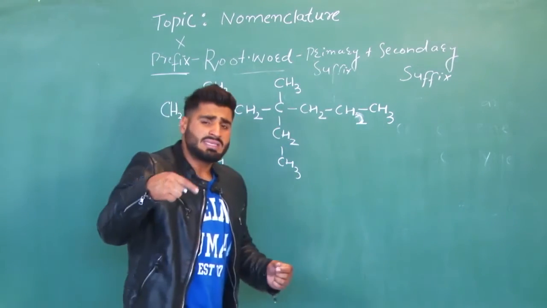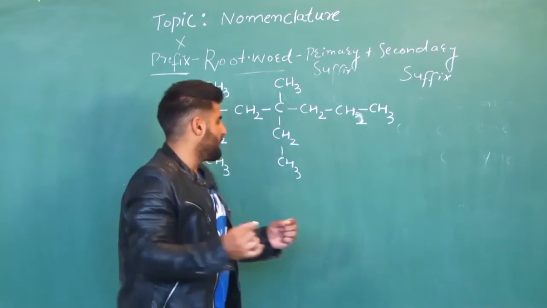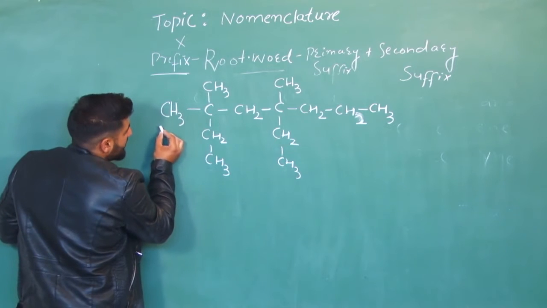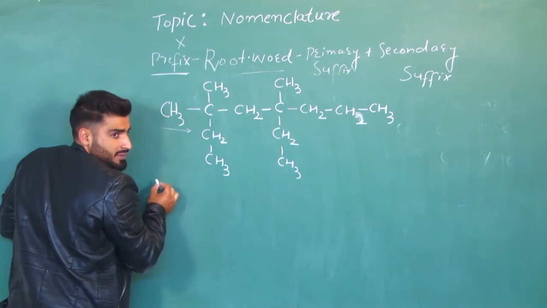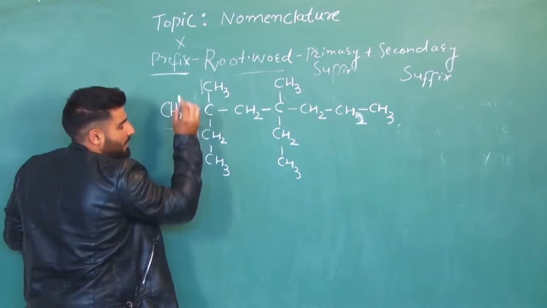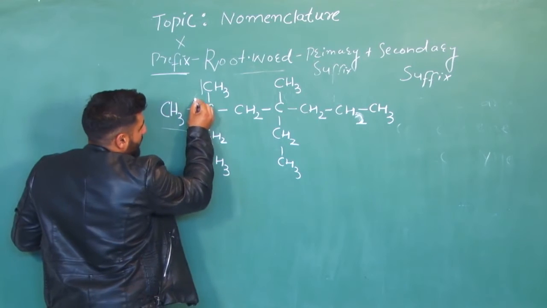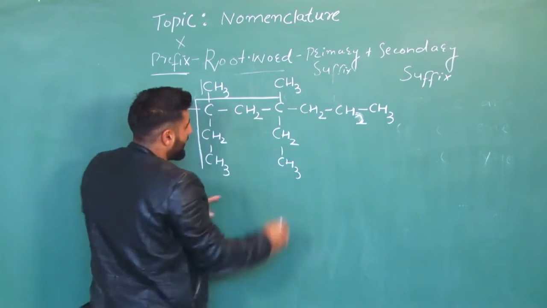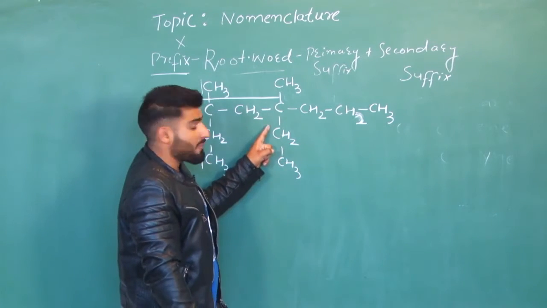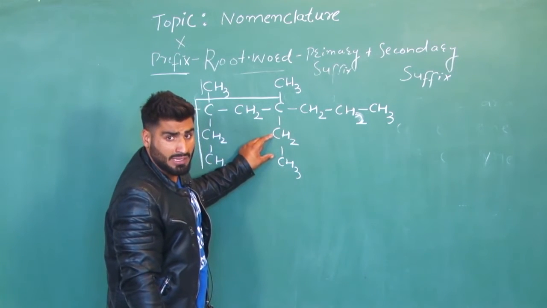For that I already stated that I will be using the term long drive. Listen students, this is the 1 carbon path, this is 2 carbon path, and this is 1 carbon path. So it will be the longest chain. I will be moving here, and here I have 2 options. If I am going downwards, then I have the chain of 2 carbon atoms.